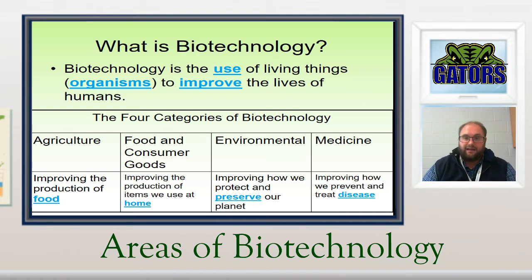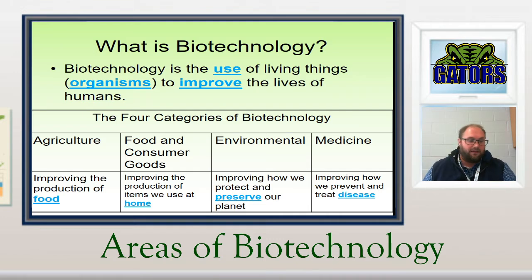Things like cleaning products, things like artificial sweeteners. We're going to talk about some examples in just a few minutes. Environmental biotechnology is about improving how we protect and preserve our planet. And medical biotechnology is about improving how we prevent and treat disease.